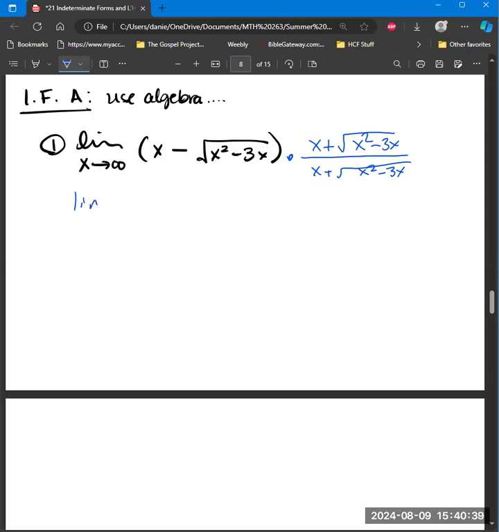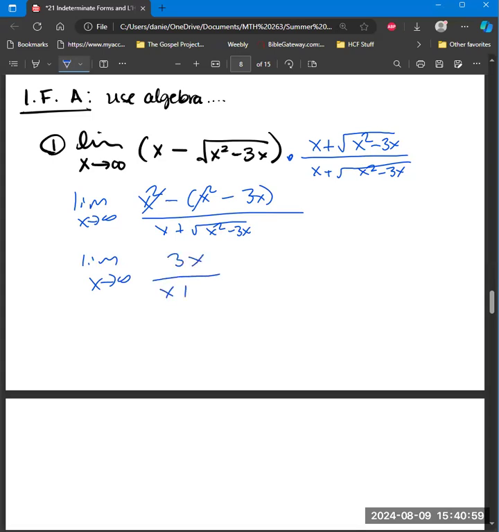This is going to give me limit as x goes to infinity of x squared minus x squared minus 3x over x plus root x squared minus 3x, which is going to give me limit as x goes to infinity of a positive 3x over x plus root x squared minus 3x.